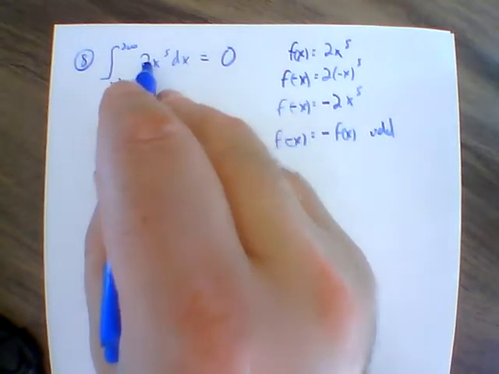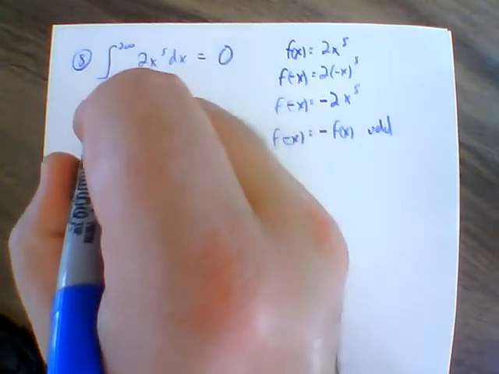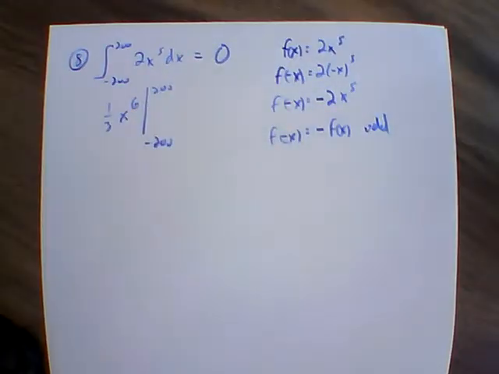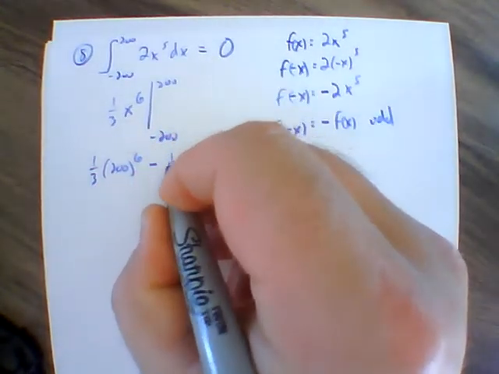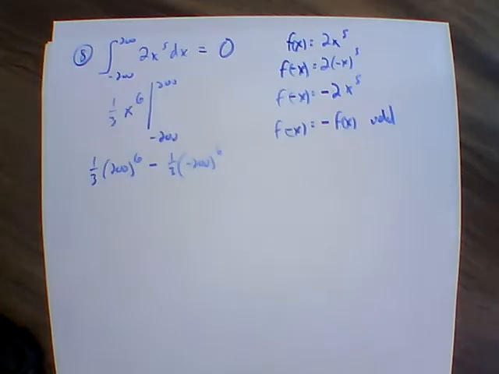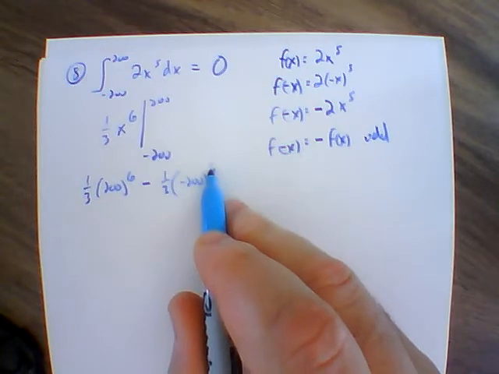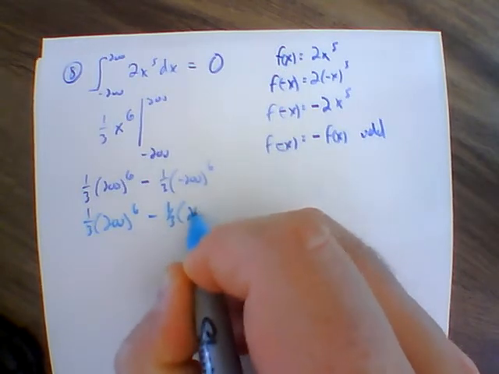If we actually evaluate the integral, we add 1 to our exponent and then divide by that new exponent. So we have 2 over 6, or 1/3 x to the 6, evaluated from negative 200 to 200. That means we take 1/3 times 200 to the 6 minus 1/3 times negative 200 to the 6. Because this negative is to a 6th power, we really have 1/3 times 200 to the 6 minus 1/3 times 200 to the 6.